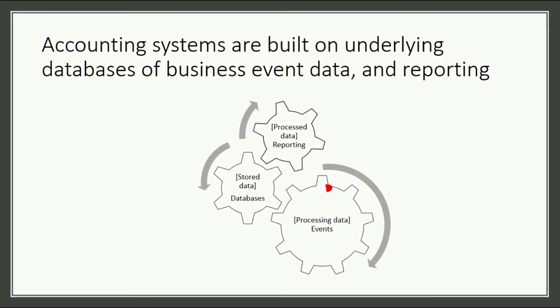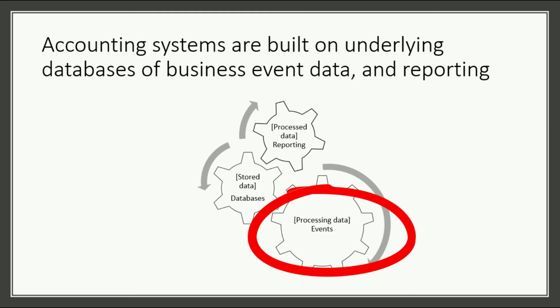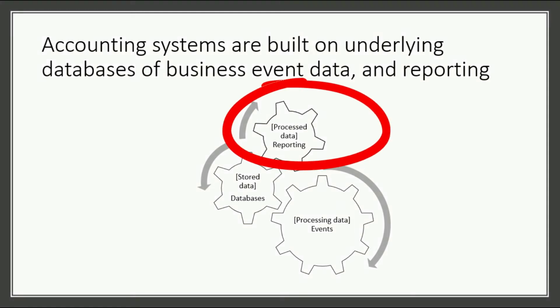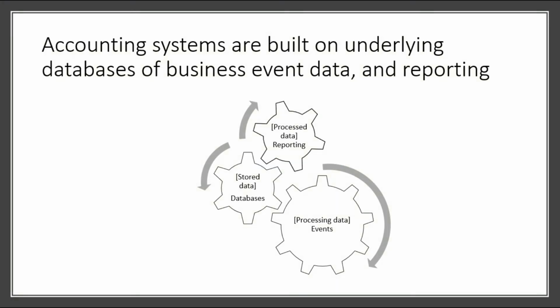There are the process data that comes into the enterprise. The second is that this data that comes into the enterprise gets stored in a database. Third, that this data that's in the enterprise has to be used for reporting purposes.